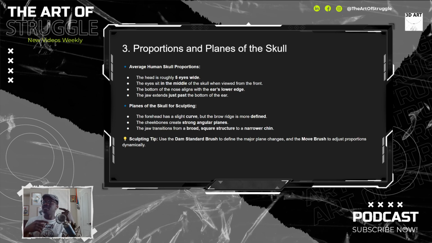So another thing is the jawline extends just past the ear. Your jawline right here only goes so far past your ear. So keep these in mind. All right. So the planes of the skull for sculpting. The forehead has a slight curve, but the brow ridge is more defined.